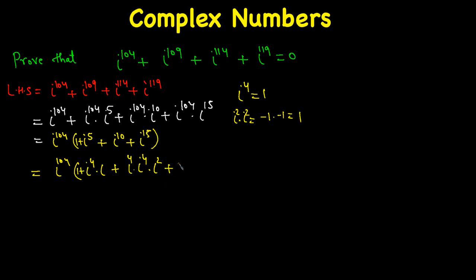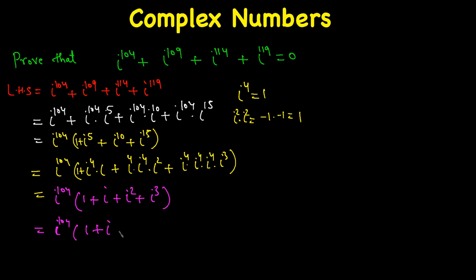And iota raised to power 15 can be written as 4 times 4 and iota raised to power 3. And this is basically iota raised to power 104 into 1, as iota raised to power 4 is equal to 1. So 1 times iota gives me iota, and here I'm left with 1 times iota square, and here I'm left with 1 times 1 times 1 iota cube.